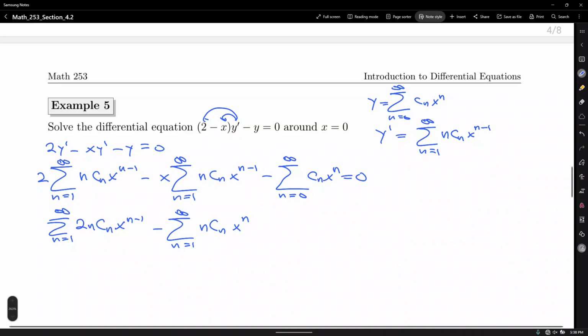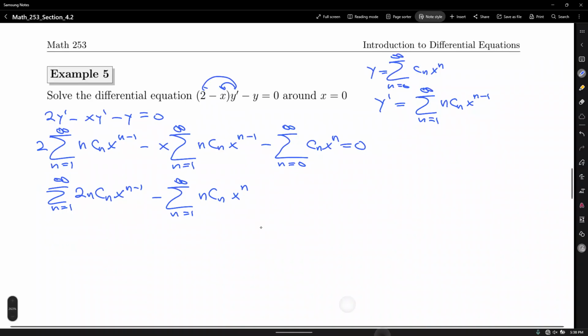Adding the powers, the power of x equals 1 plus n minus 1, that's just going to be n. And then minus the sum from n equals 0 to infinity of c sub n x to the n equals 0. What do we do here? Oh, that looks like a 6, not a 0. Let me change it to a 0.